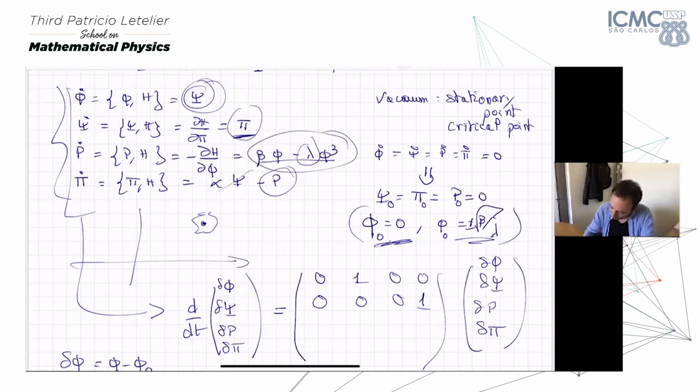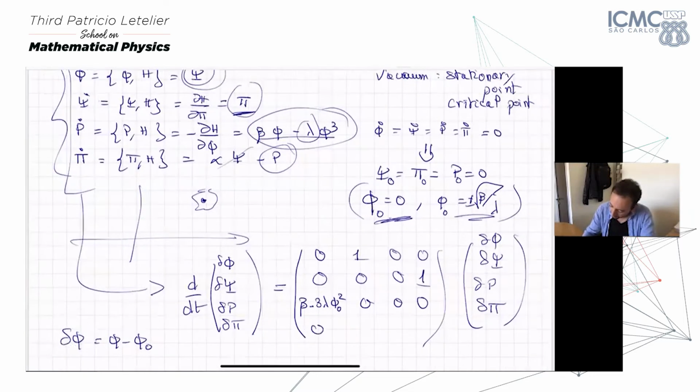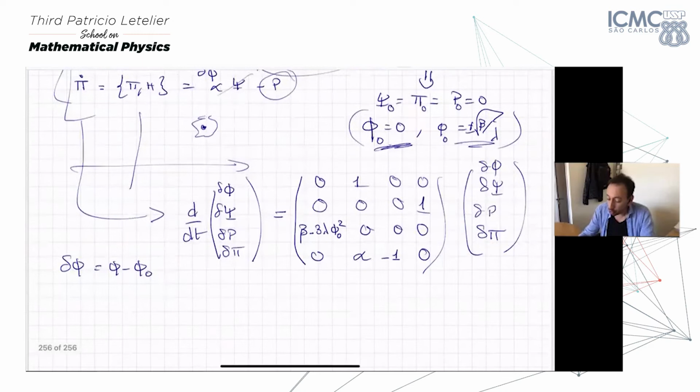So I have to make a linearization, which is going to give me beta minus 3 lambda phi 0 squared, 0, 0, 0. And the last one will be 0, alpha, minus 1, 0. Okay. So this is the linearization around the critical point.